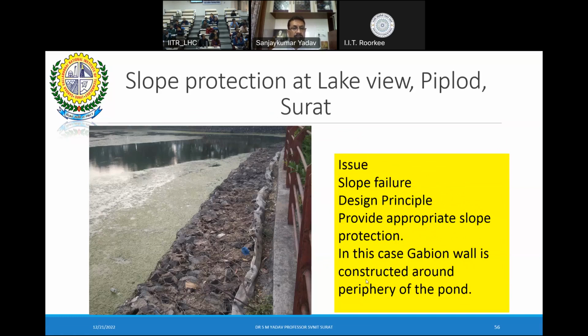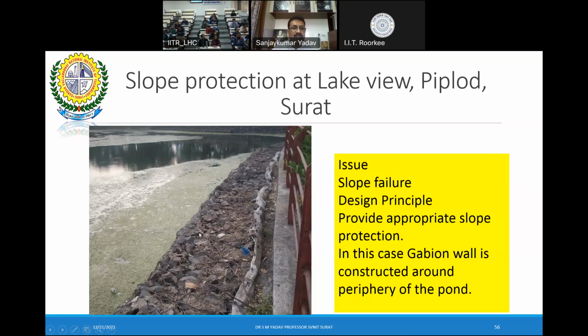And in this pond, the situation was the same as that of the Pal Lake earlier. Just 2 years back, they rejuvenated this pond. In that case, they have gone for a vertical wall that has been supported by gabions.